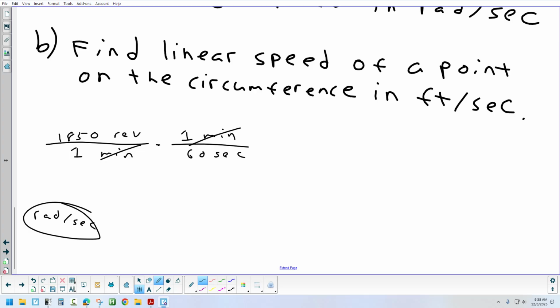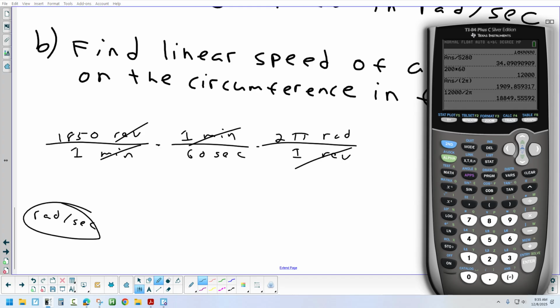Yeah, Jackson. 2 pi radians over 1 revolution. 2 pi radians in 1 revolution. There you go. So now we just multiply straight across, and we have our radians per second.